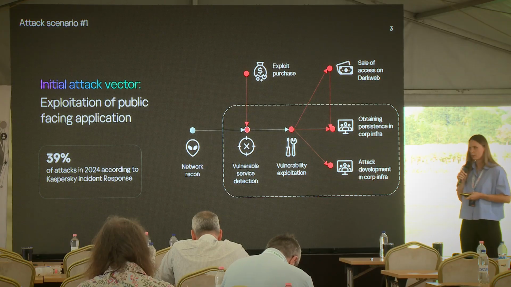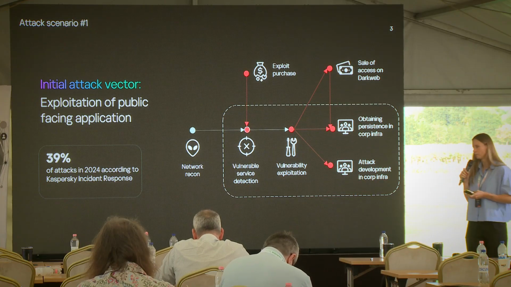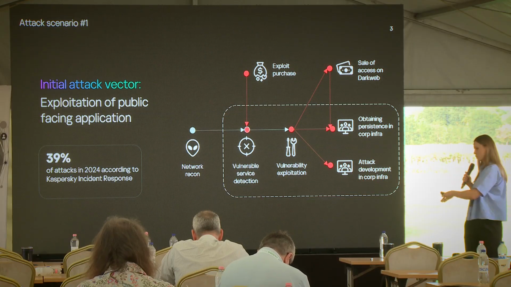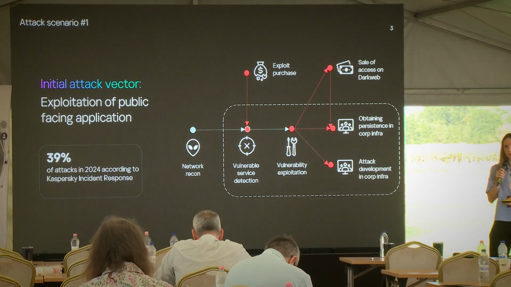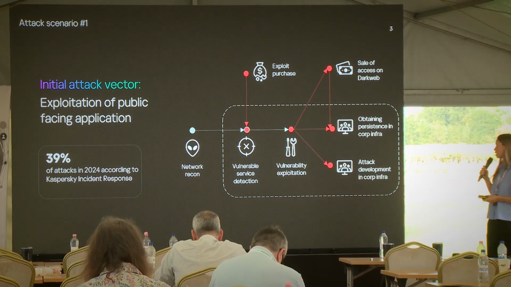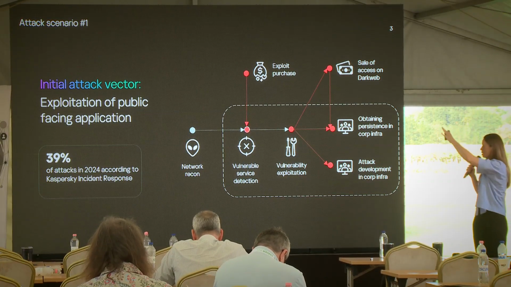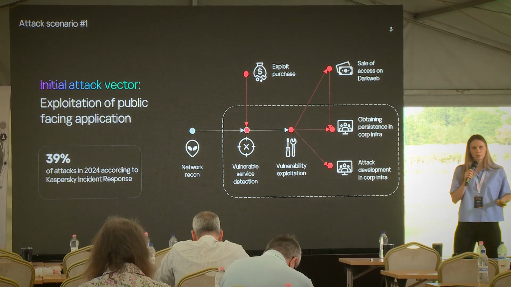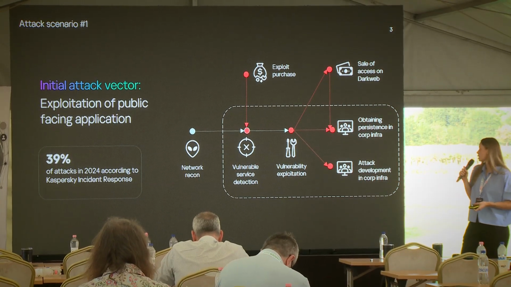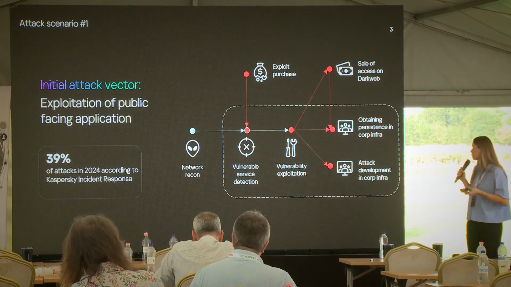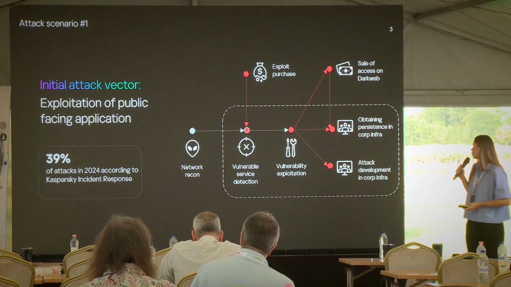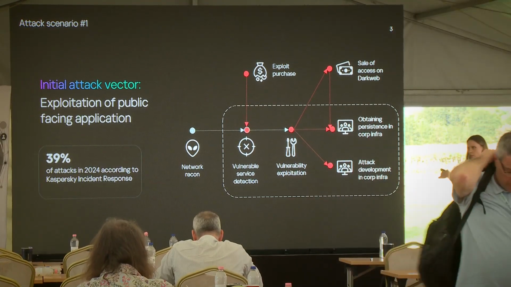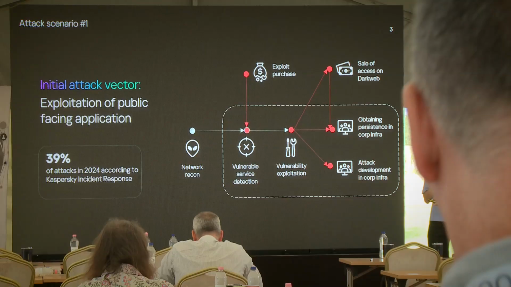That kind of attack started with network reconnaissance and then turned into compromise of the infrastructure. But at the same time, you can see that something was happening outside. Cyber criminals may discover an exploit on the dark web for this attack, and after they obtain access to the company, they may sell it on dark web resources.